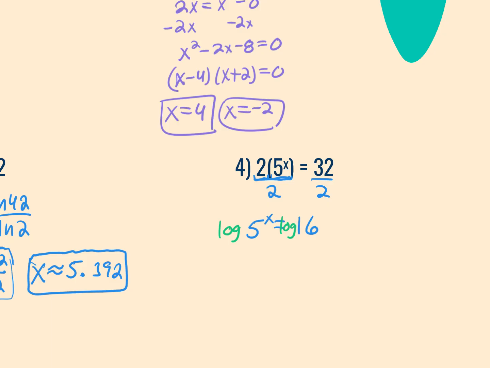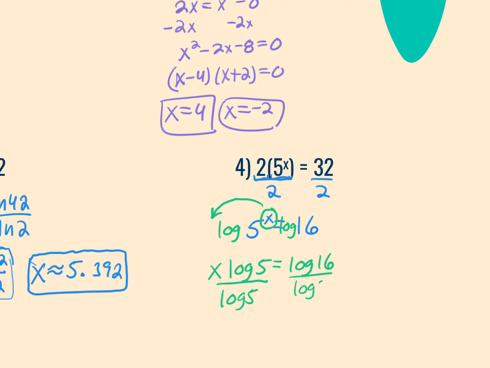It doesn't really matter what you do as long as you do the same exact thing to both sides. The point of doing that is we can use one of our properties of exponents, our power property, and I can bring that x out front. This is x log of 5 equals log of 16. And then you can divide both sides by log of 5. Log of 5 is just a number.